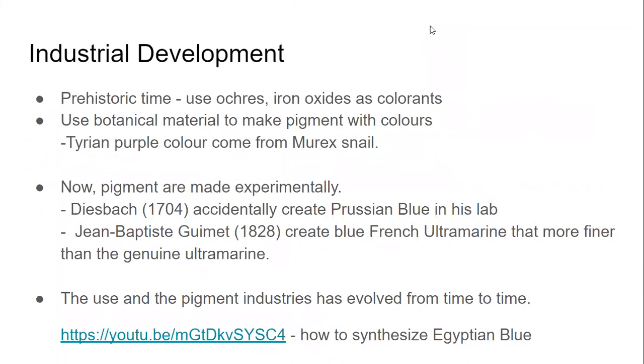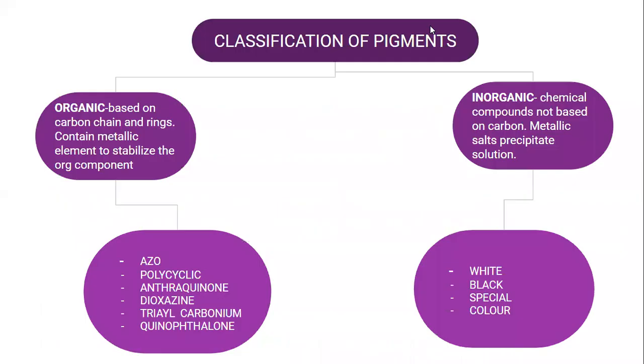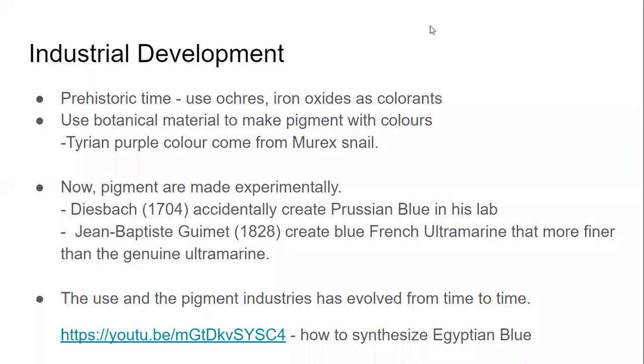It started from a billion years ago. We have things like colored dye, shirts, and so on. It uses botanical material to make pigments with colors, like purple that came from a murex snail. So as we can see, prehistoric times used organic things to make pigment.